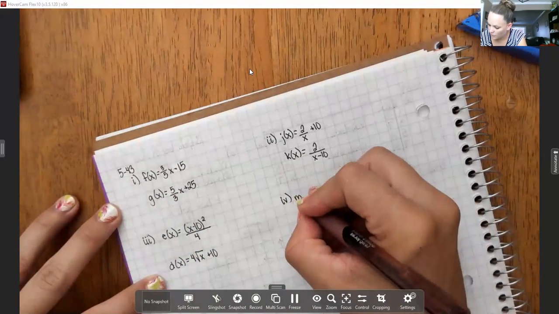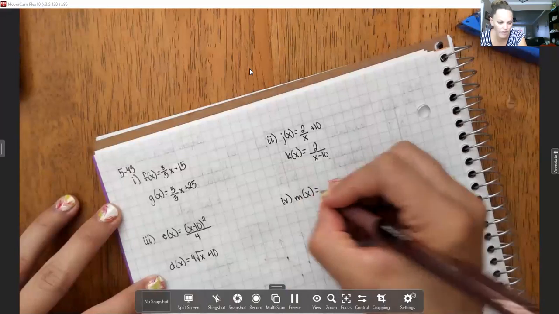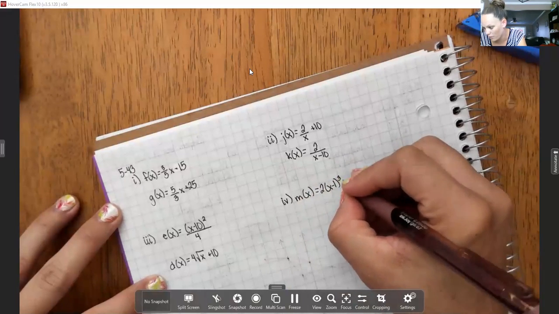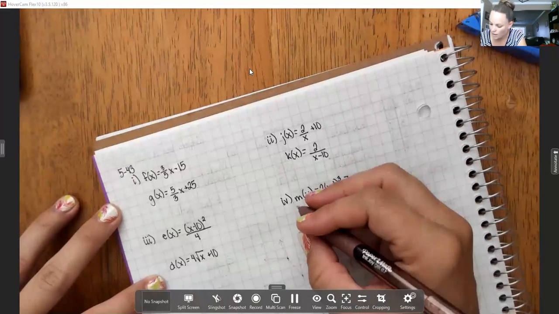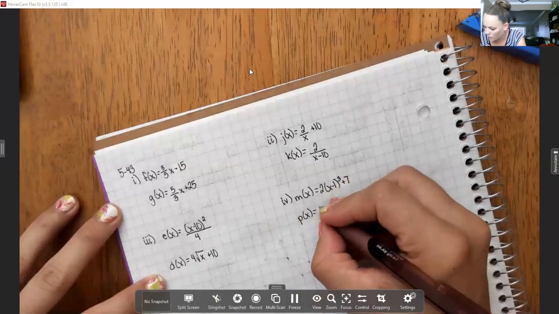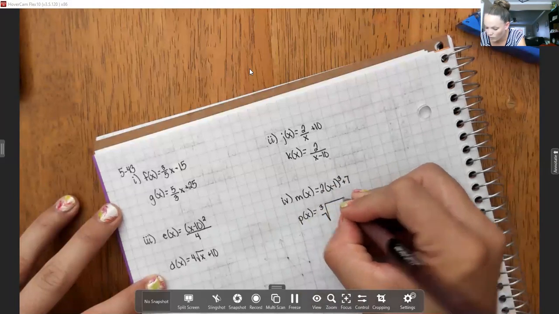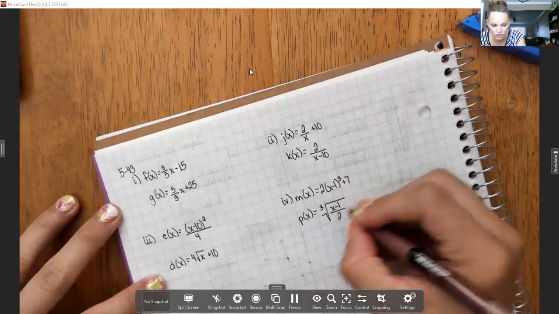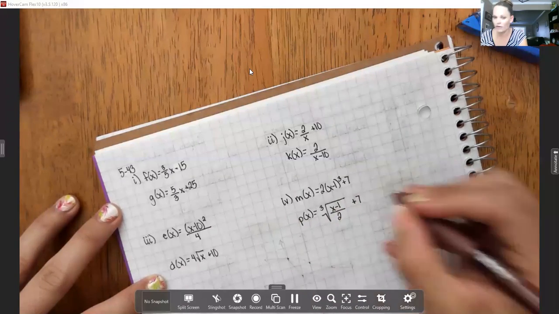And then last pair, m of x is 2 times x minus 1 cubed plus 7, and p of x equals the cube root of x minus 1 all over 2 plus 7.